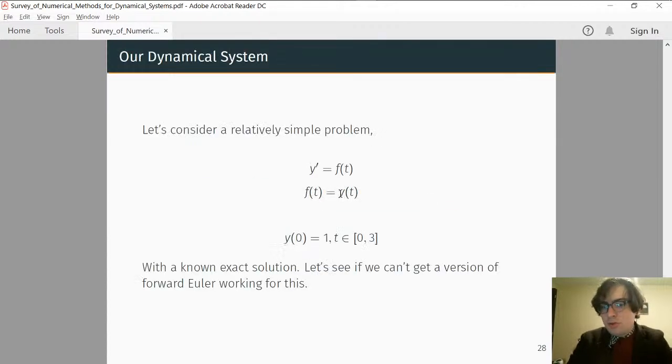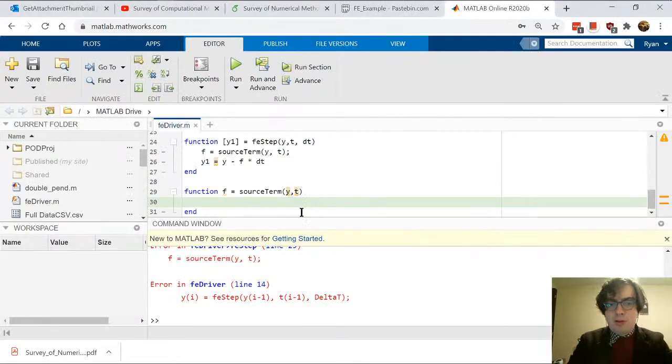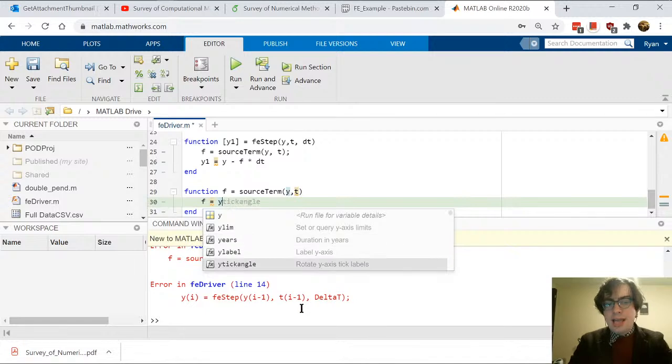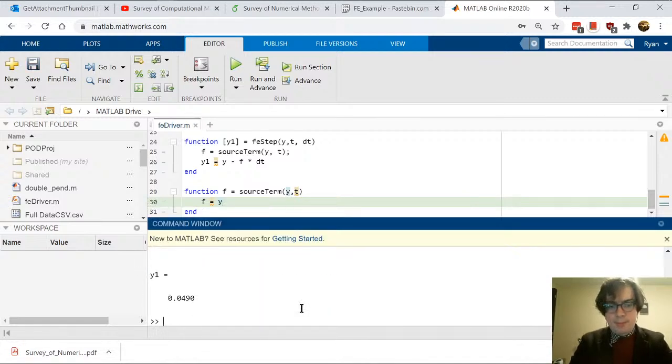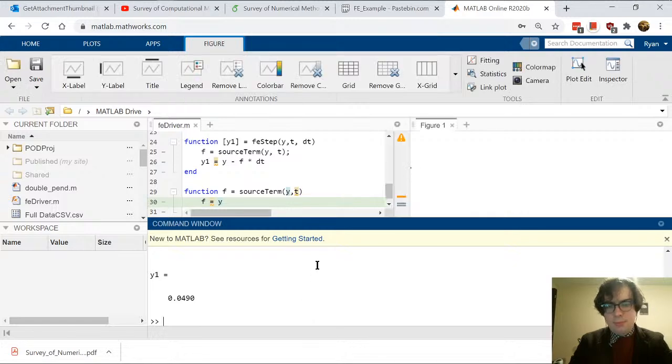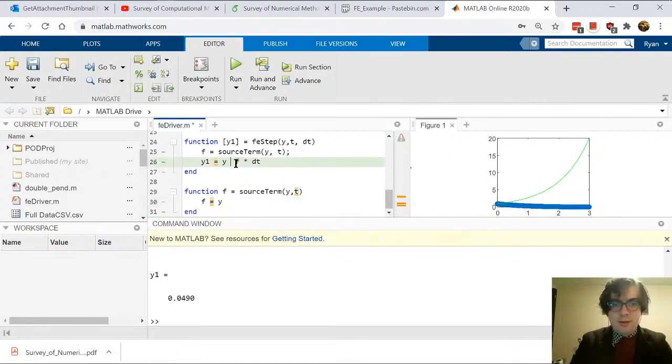That function was just y. So I'm just going to say f is equal to y in here. And now when I run this, I think I flipped the sign on my derivation.